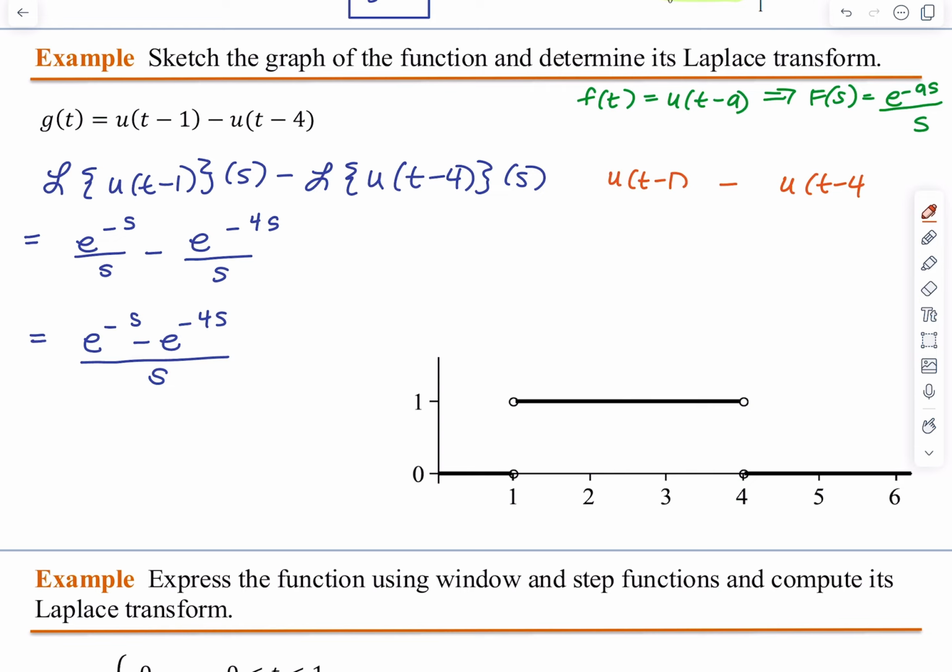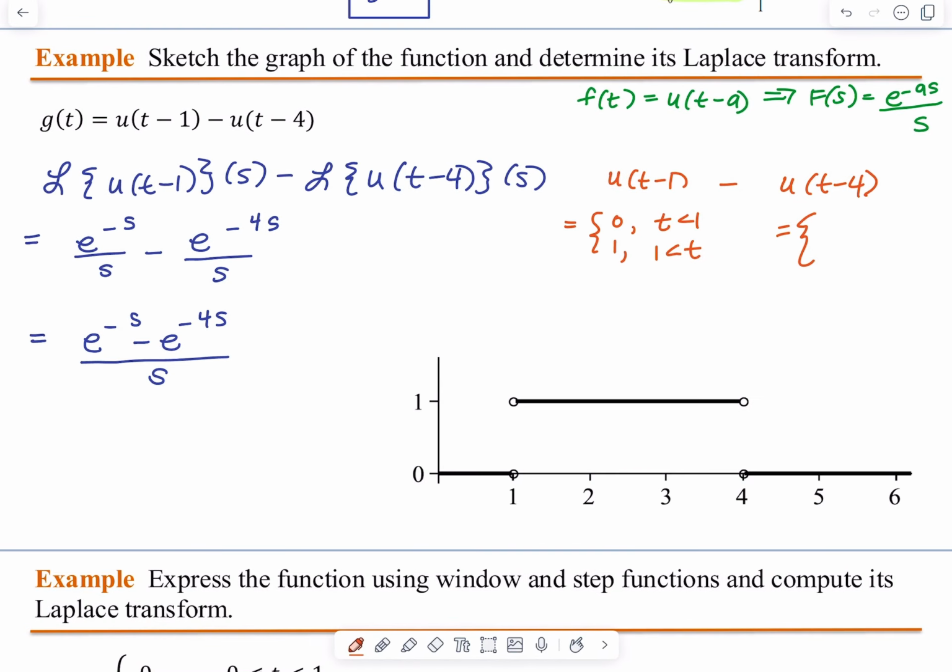Here we have that this function is equal to 0 and 1, and this is 0 when t is less than 1, and 1 when 1 is less than t. And here this is equal to 0 when t is less than 4 and 1 when 4 is less than t.